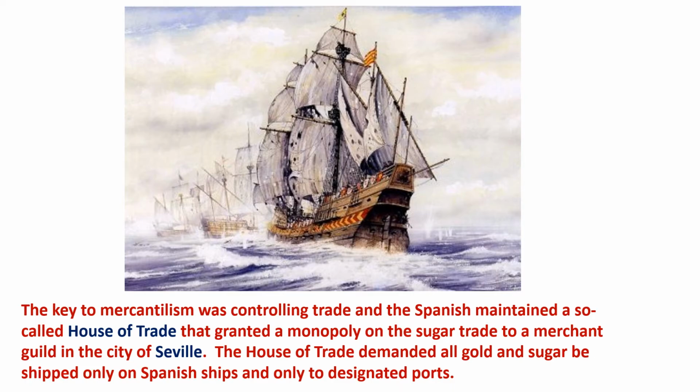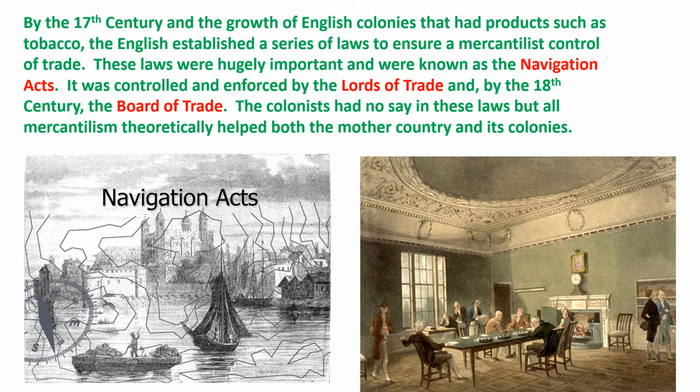By the 17th century, the 1600s, the growth of the English colonies had created a demand for tobacco and in time other products, indigo and things we'll talk about later on. But the English, of course, wanted to establish some mercantilist controls over their raw materials coming to Europe, and so they passed a number of laws that were very important, known as the Navigation Acts.